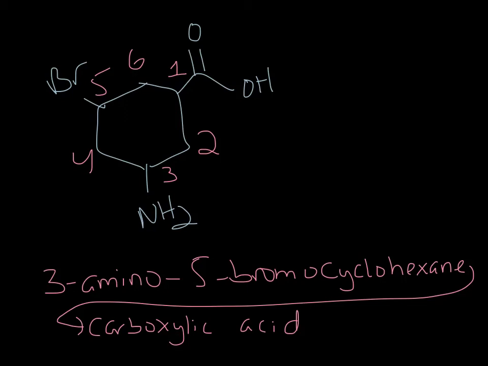So if the carboxylic acid is coming directly off of a ring, it's cycloalkane carboxylic acid. In this case, we have a 6-membered ring, so cyclohexane carboxylic acid. That tells us that it's coming directly off the ring. And then in this case, we have substituents at the 3 and the 5 position, 3-amino, 5-bromo.